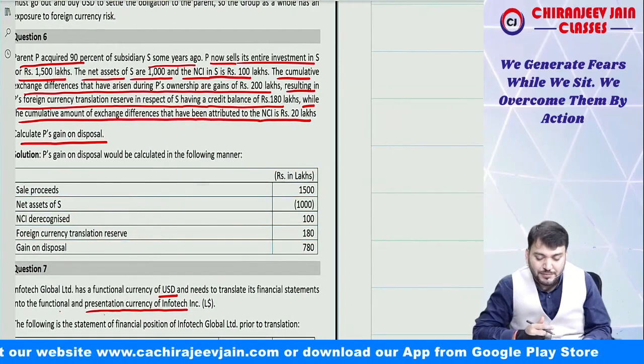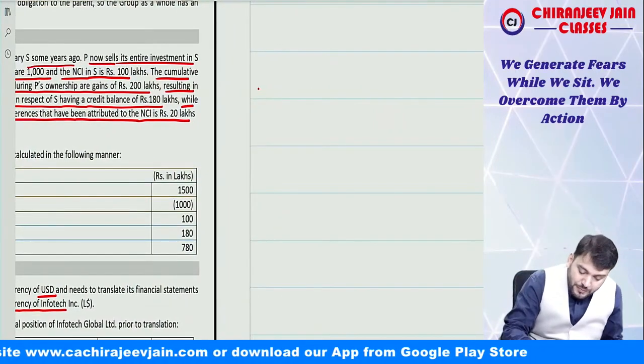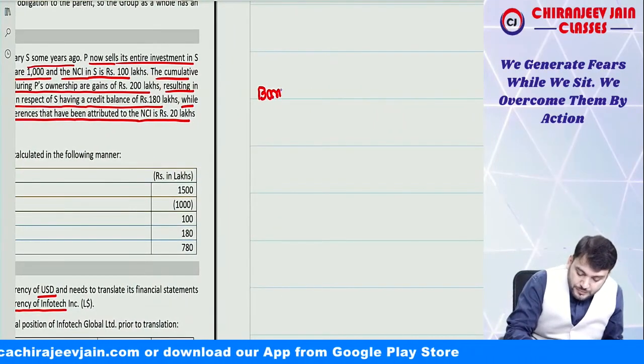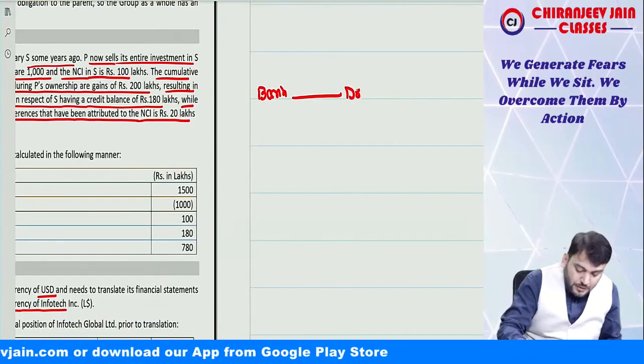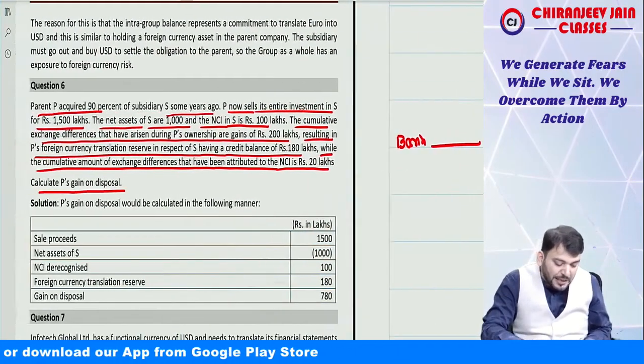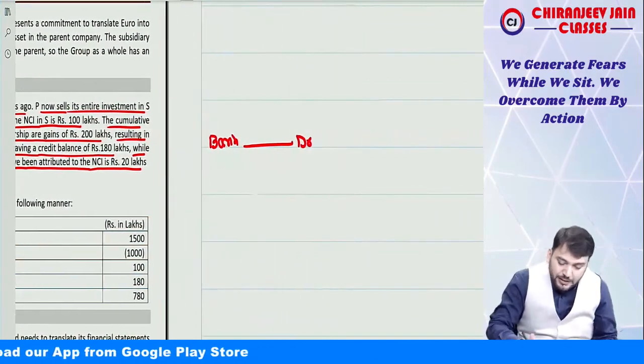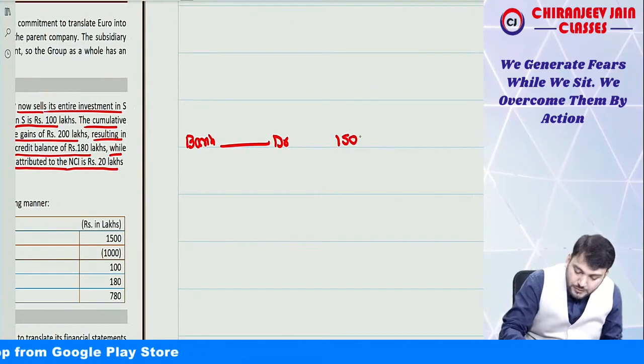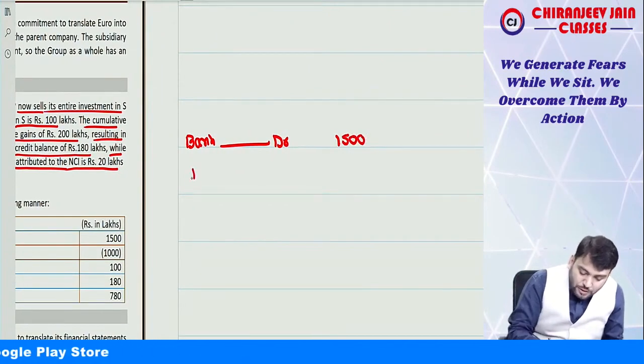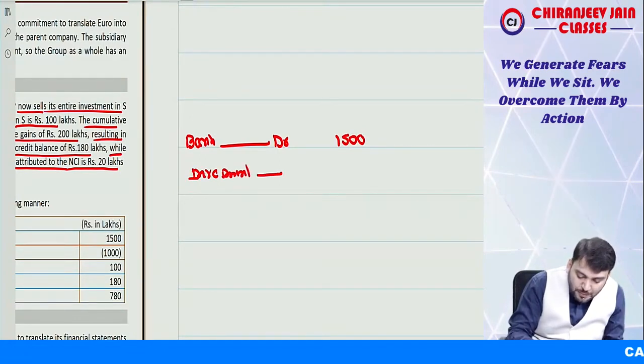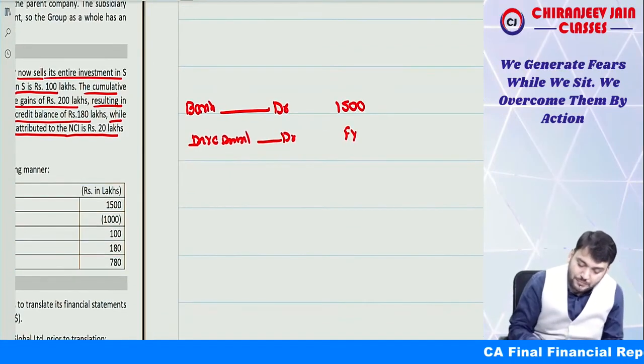I hope you have understood. Correct. So in this, what journal entry? Can I say bank account debit? The sale has been done at what price? 1500. Can I say no investment retained? Investment retained as per Ind AS 110 will come at fair value, but that is not given.